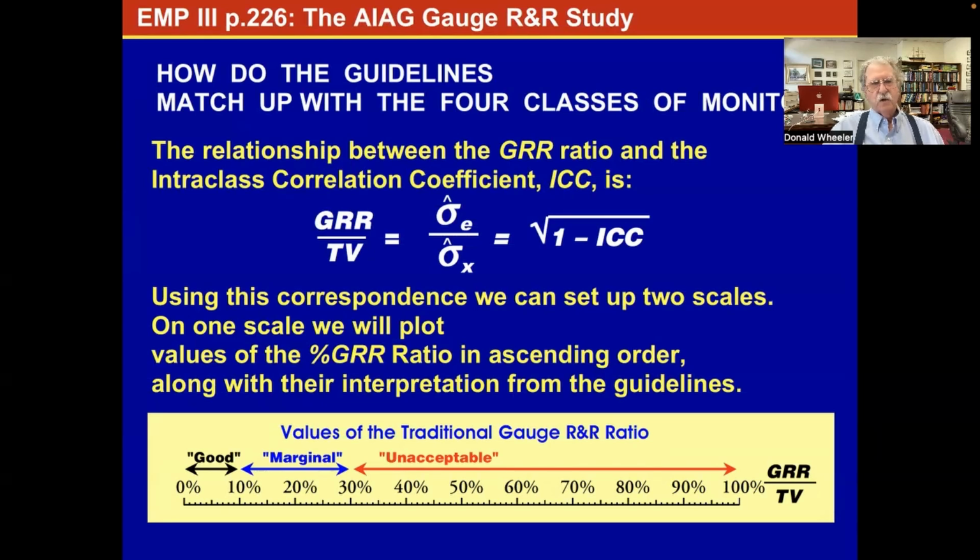On one scale, we will plot the values of the percent combined R&R ratio in this ascending order, along with their interpretation from the guidelines. So you've got good and marginal and unacceptable according to the combined R&R ratio.